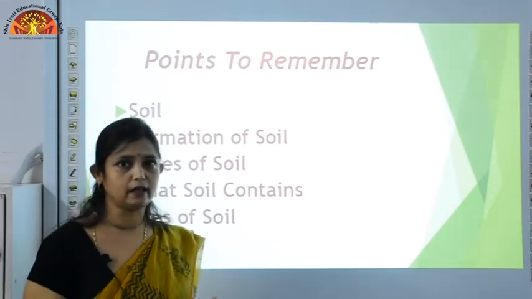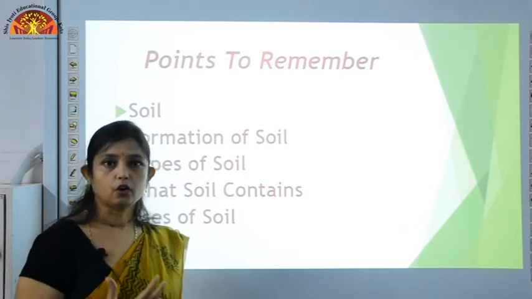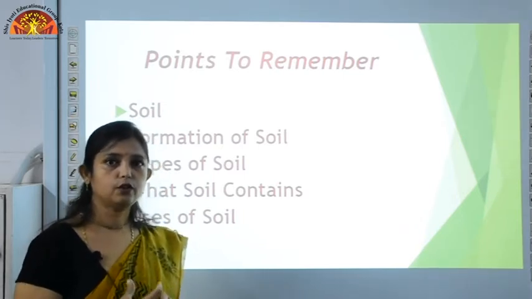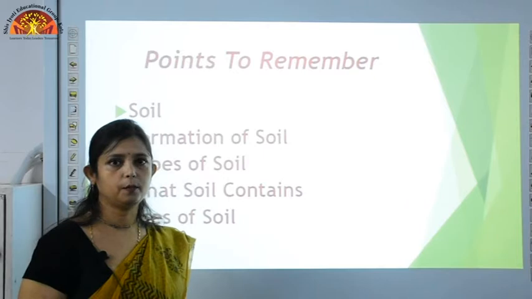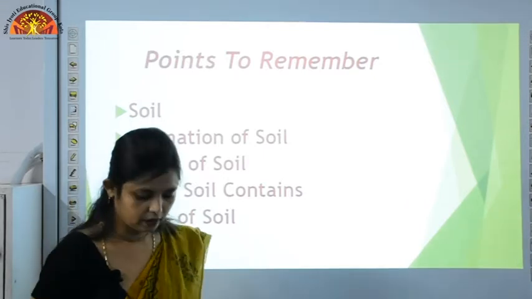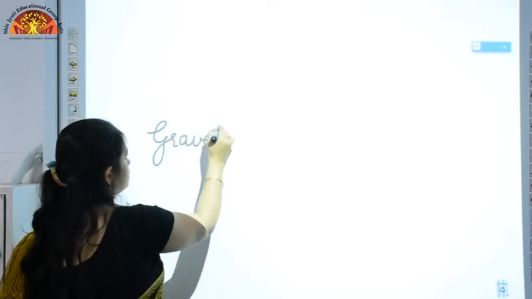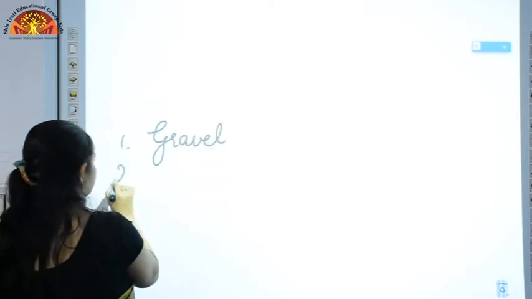Now, what does soil contain? We know that soil is made by the breaking of big rock pieces. When they break down into smaller pieces and further smaller pieces, soil contains things like gravel. Gravel are the small stone pieces.